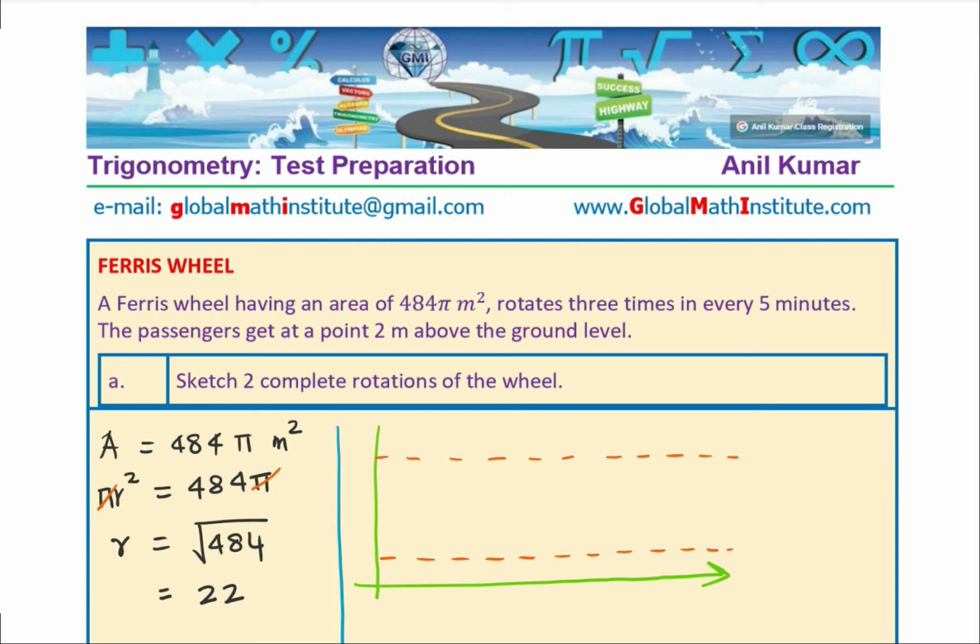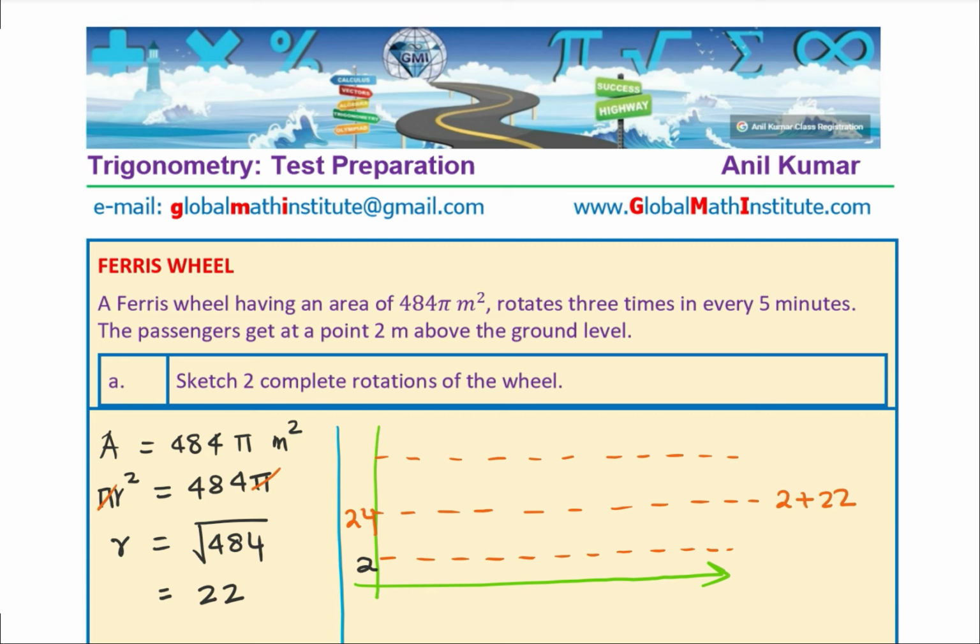The lowest point here is 2 meters, and since the radius is 22, the midpoint here will be 2 plus 22, right? So that means this is 24.